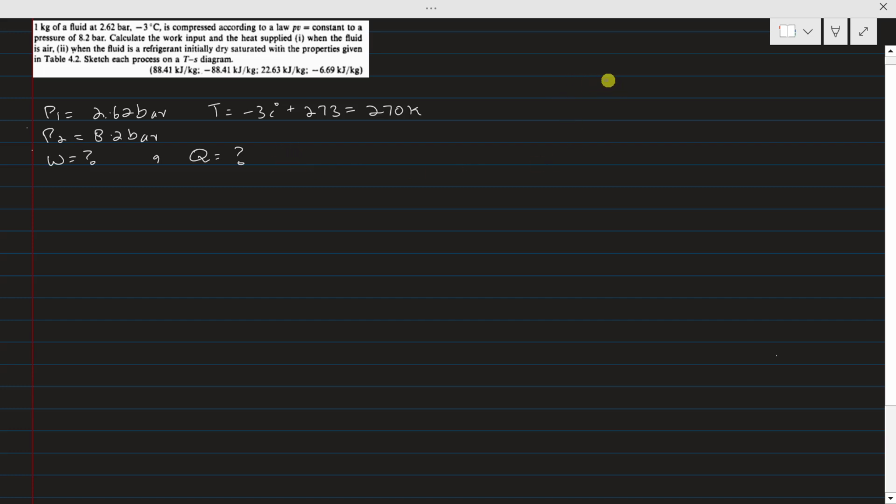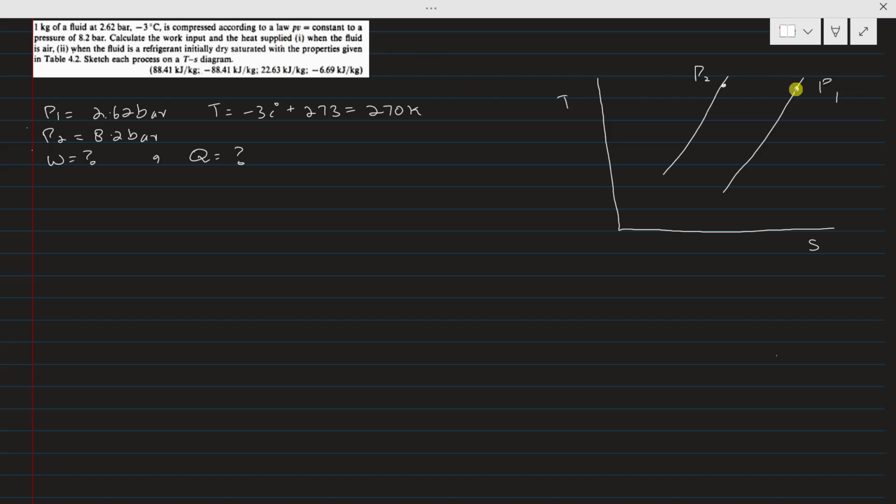So if I draw its TS diagram for this process, this is the high pressure line, this is the low pressure line. Horizontally, as it is the isothermal compression that follows this law, PV is equal to constant.